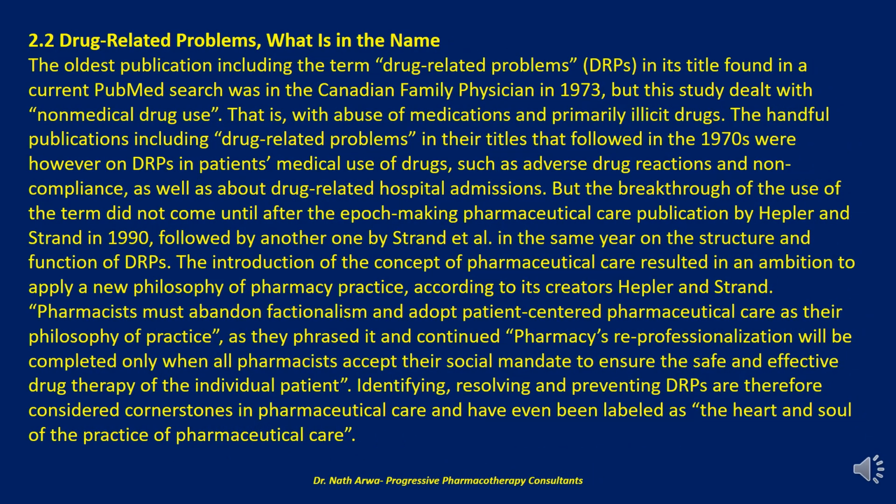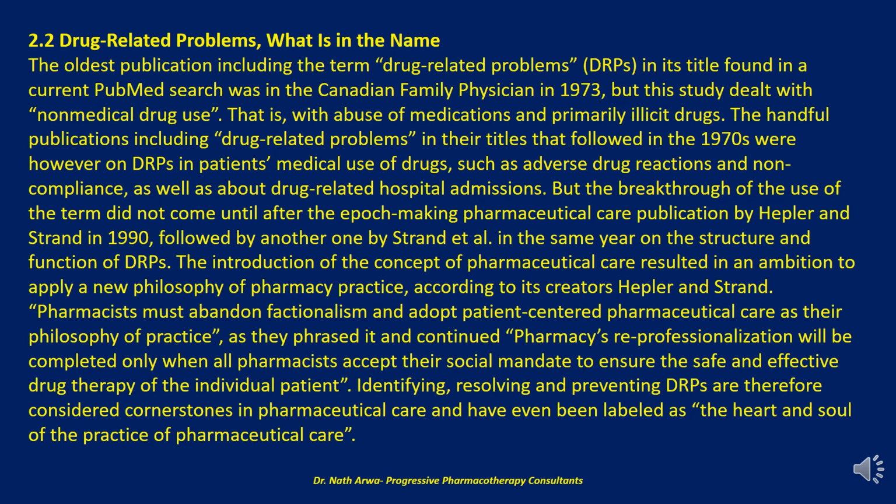Next we will look at drug-related problems. What is in the name? The oldest publication including the term drug-related problems, abbreviated as DRPs, in its title found in a current PubMed search was in the Canadian Family Physician in 1973, but this study dealt with non-medical drug use.